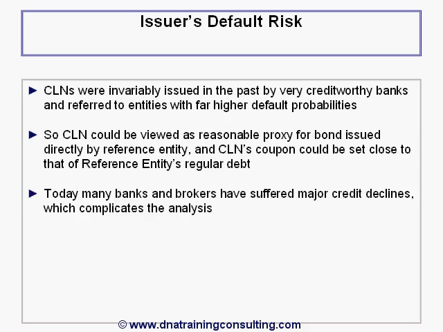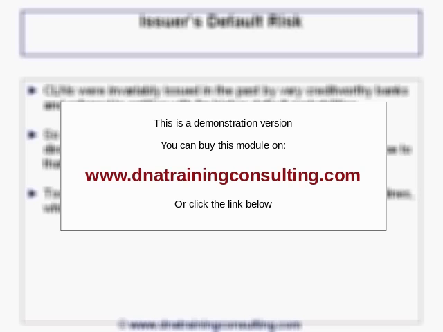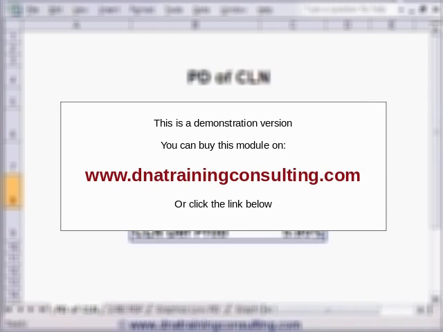Today we live in a very different world, however, in which so many banks and brokers have seen their credit quality decline dramatically, making a CLN like the one we have described a more interesting and complex instrument. Assume, for example, that in today's market, early 2009, both Morgan and Alcatel have a 5% default probability over 3 years.